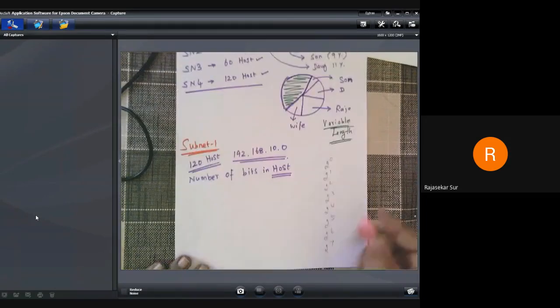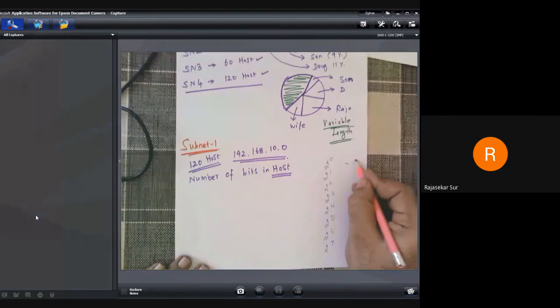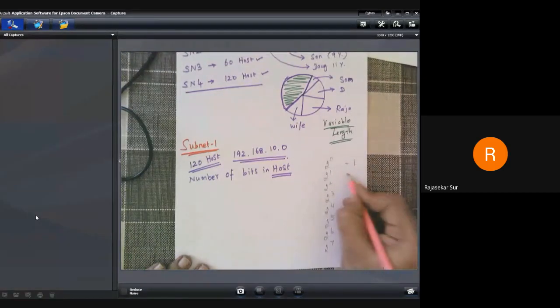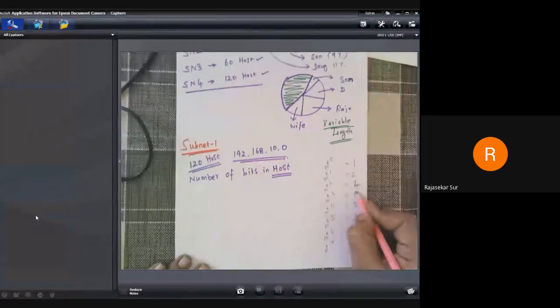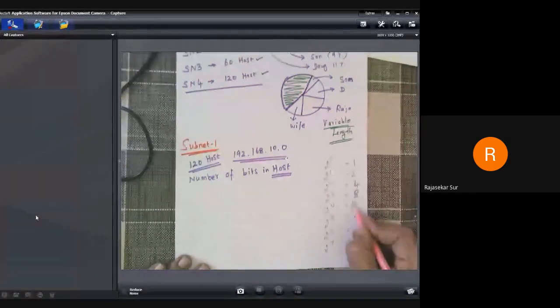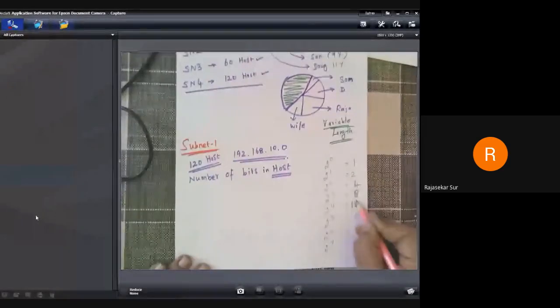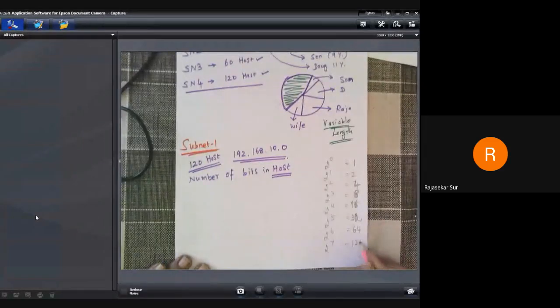Now we already know this is going to be 1, 2, 4, 8, 16, 32, 64, 128.